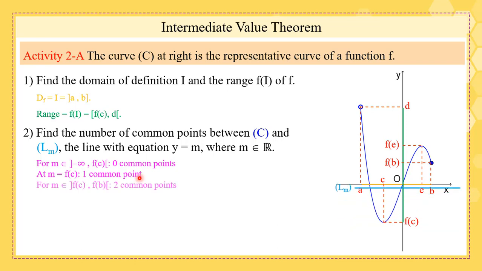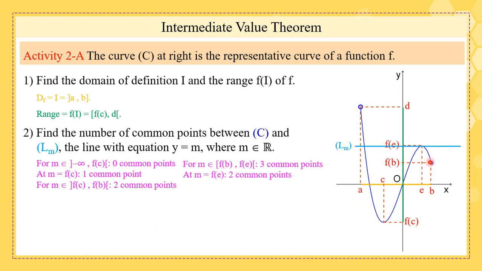Let's continue. From f of c to f of b open, we see that we have two common points. Then from f of b to f of e, we have three common points.